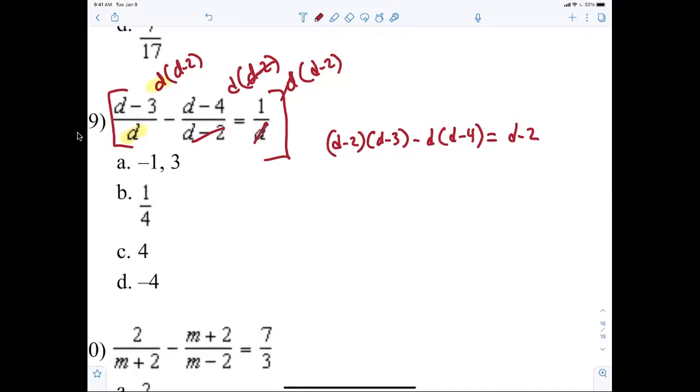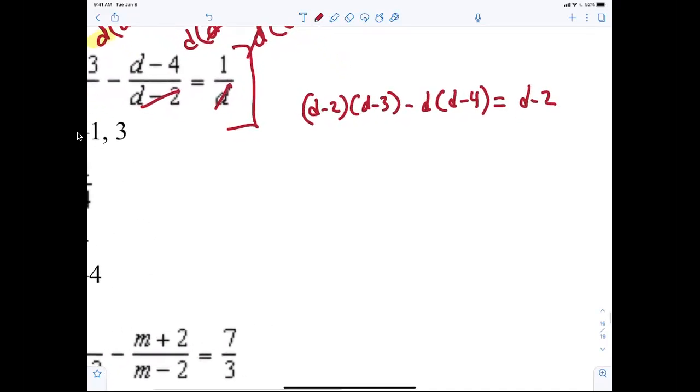So now when I multiply these together, d squared minus 5d plus 6. Now this one wasn't so bad because the d squareds cancel, but we're distributing a negative d. Negative d squared plus 4d equals d minus 2.